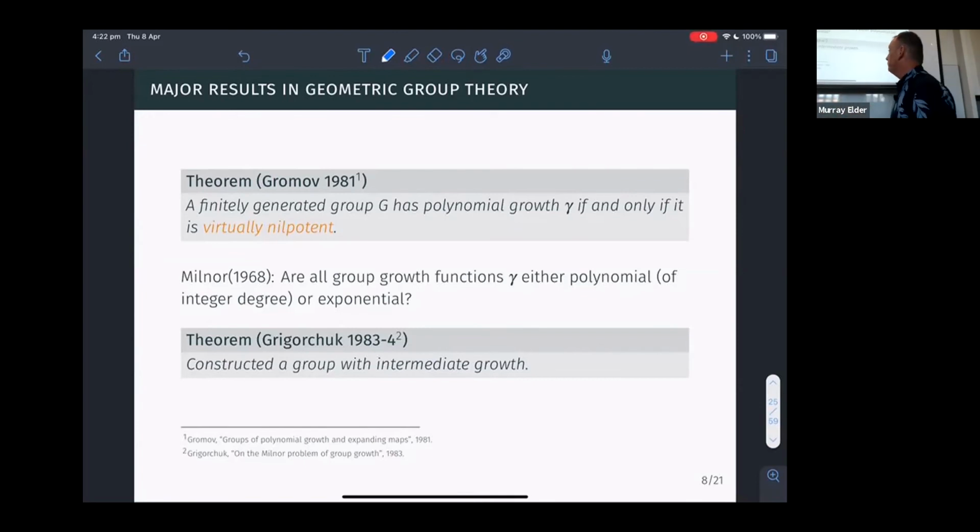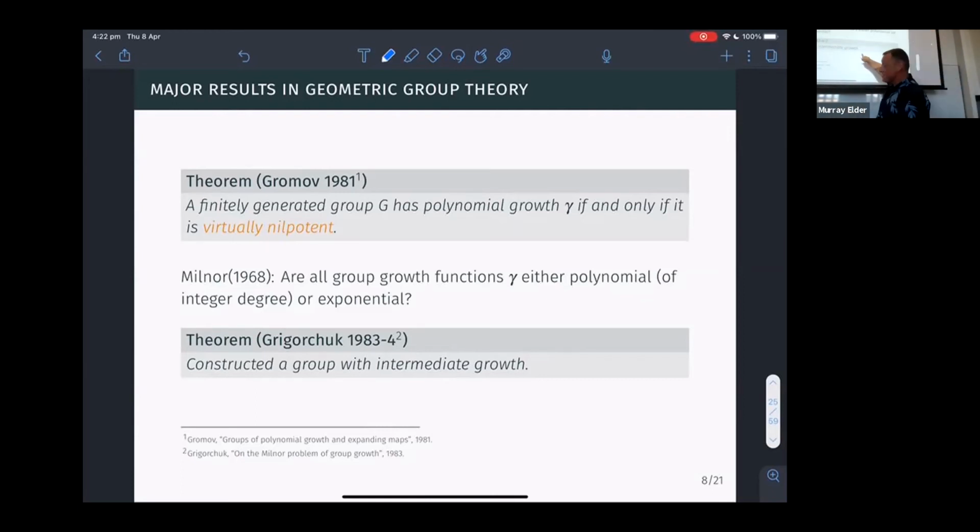It's a beautiful example that actually realizes this intermediate growth. We still don't know the precise function, but it's somewhere in between e to the root n and e to some number, and they get closer and closer all the time when people work on it.